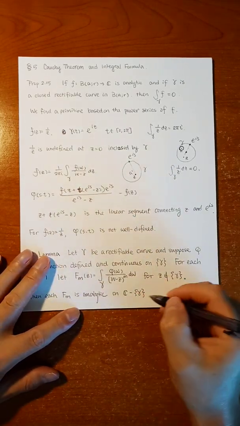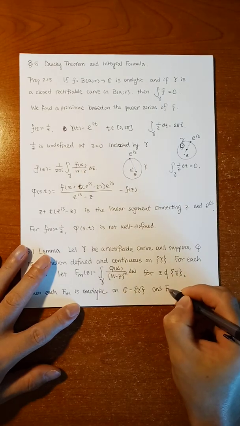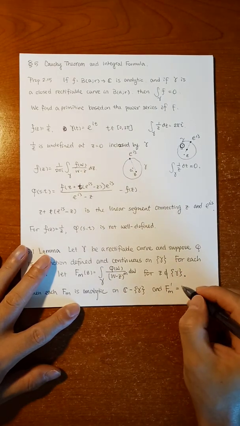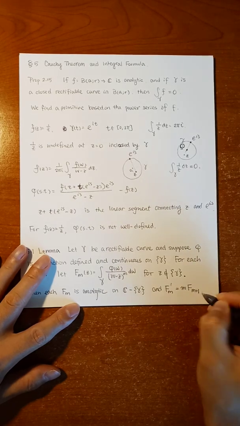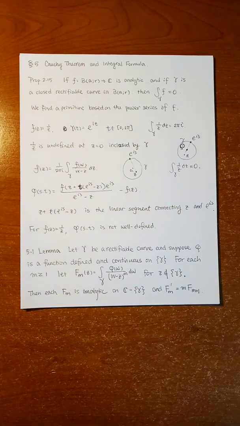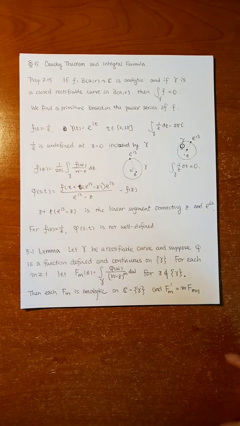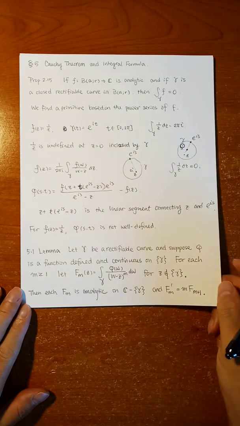It's analytic, and the derivative is F_m prime equals m times F_(m+1). It's like a chain: you differentiate the first one, you get the second one, with a proper coefficient m. So this is the working lemma. We're going to prove this.